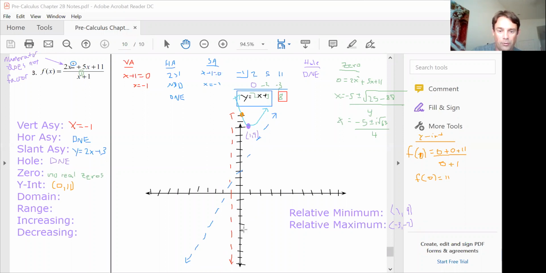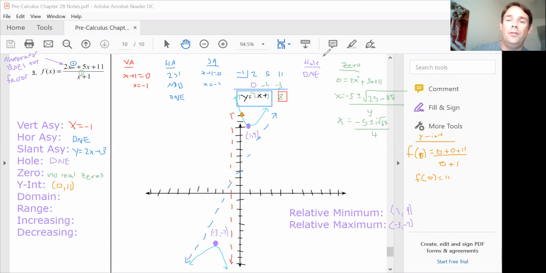1, 2, 3, 4, 5, 6, 7, right over here. It looks like it's going to be kind of down here in this area. And the graph comes down here like that. We'll write that coordinate there, -3, -7.